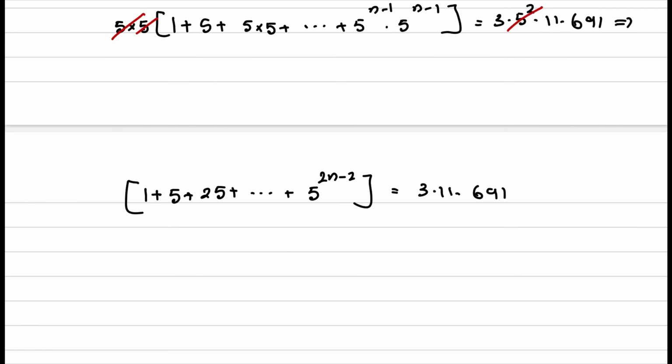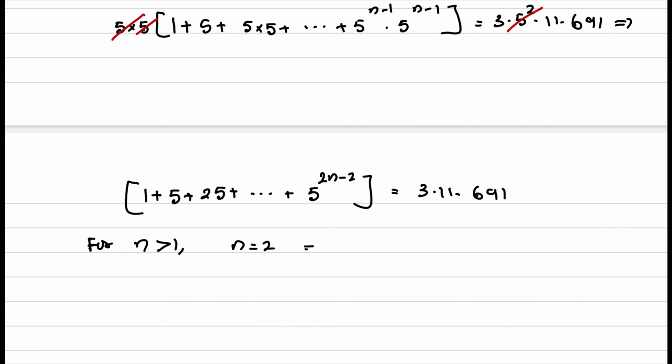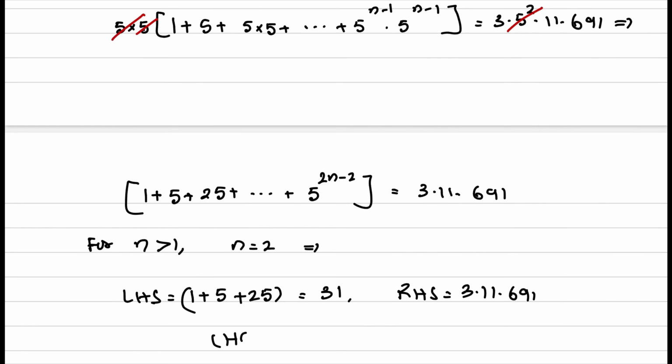For n greater than 1, let us say n is equal to 2, left hand side becomes 1 plus 5 plus 25, that is equal to 31. Right hand side is equal to 3 into 11 into 691. Left hand side is not equal to right hand side.